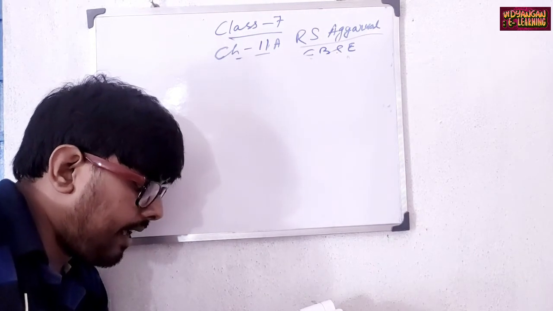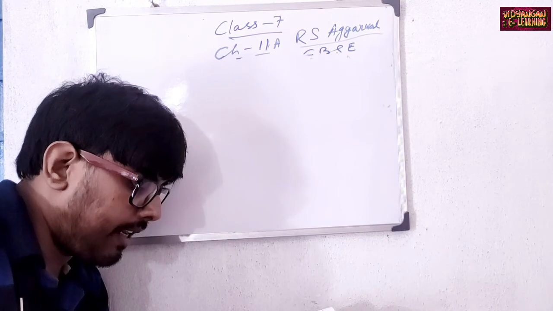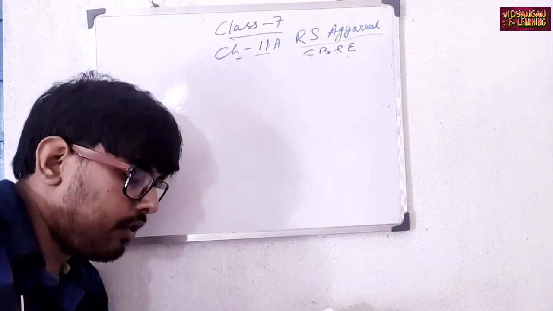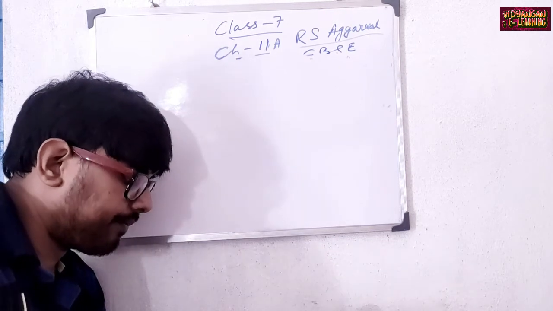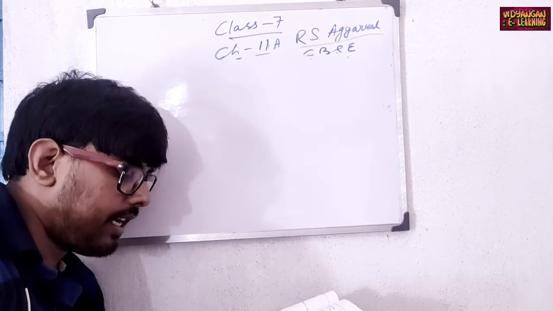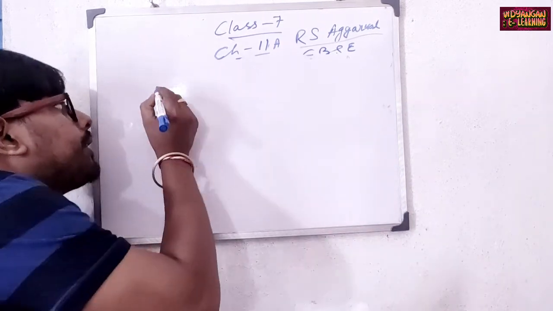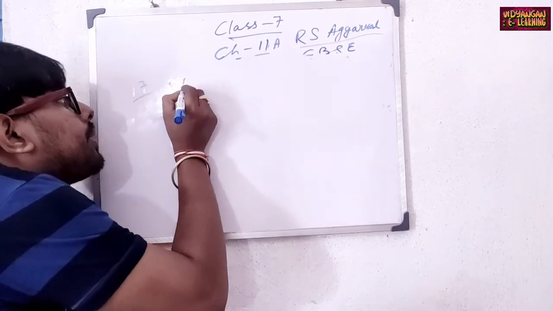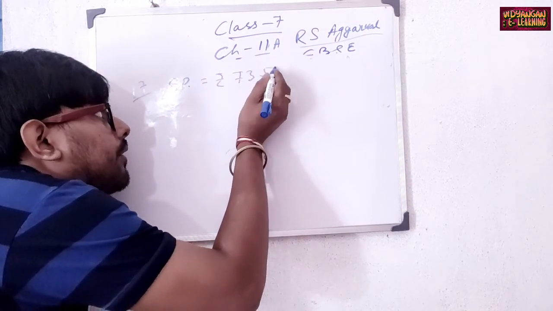On selling an exhaust fan for rupees 7,350, a man gained 1/6 of its cost price. Find the cost price of the fan. So, selling the exhaust fan for rupees 7,350 means the selling price of the fan is rupees 7,350.